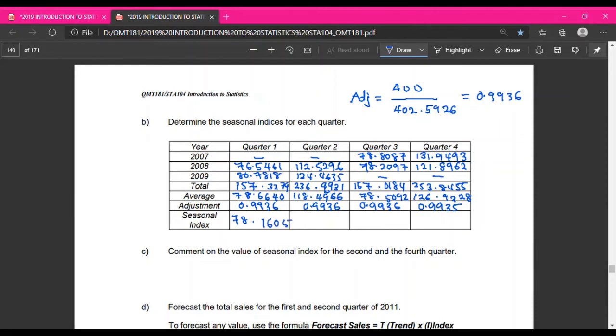Okay, the second quarter, 118.4966 multiply dengan 0.9936. So kita akan dapat 117.7382. Third quarter, 78.0067.